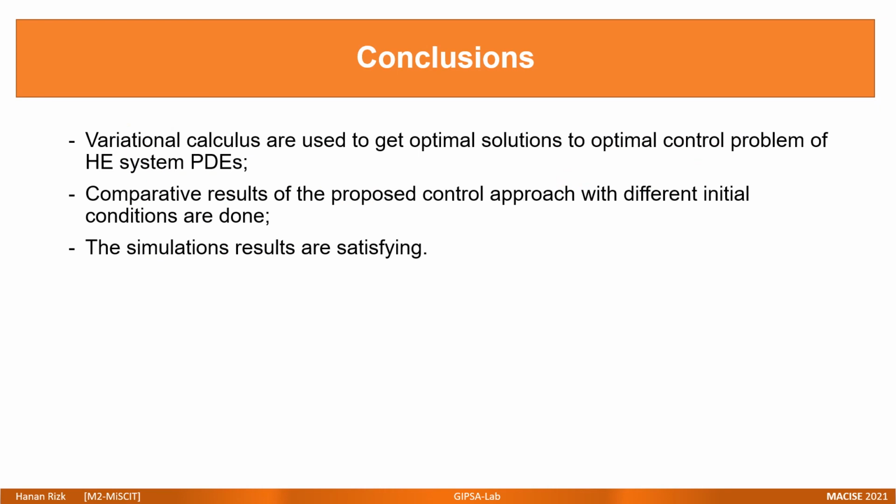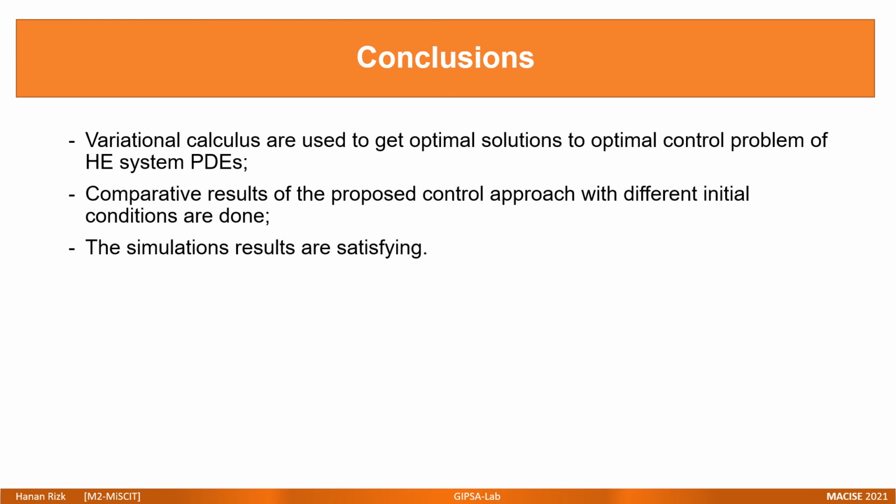Let's conclude. In order to solve the optimization problem for a double pipe heat exchanger system governed by two first-order coupled hyperbolic differential equations that we handle in our work, we first apply optimization and then discretization for the optimal control problem of the heat exchanger system.